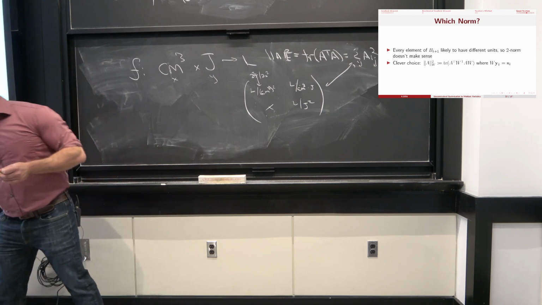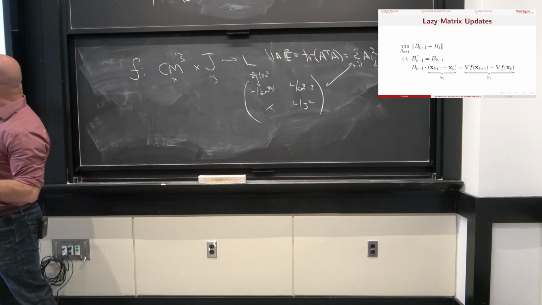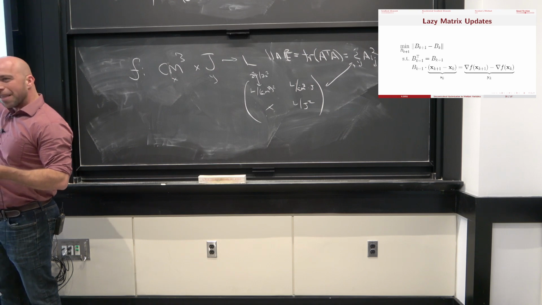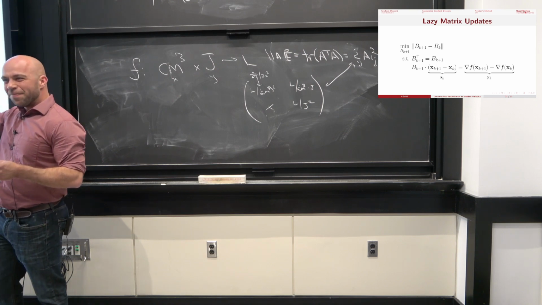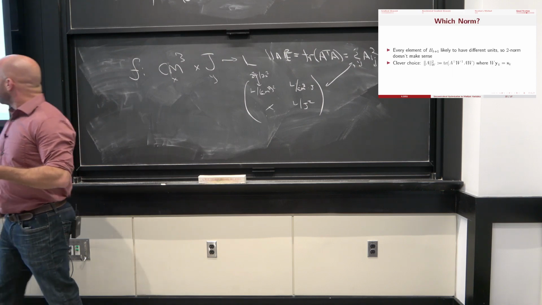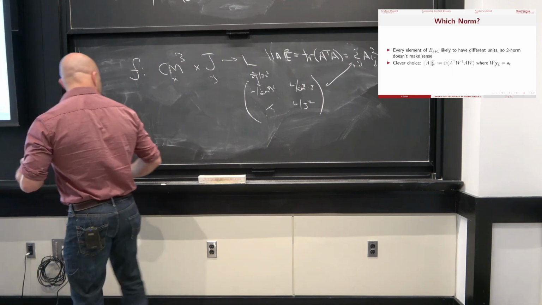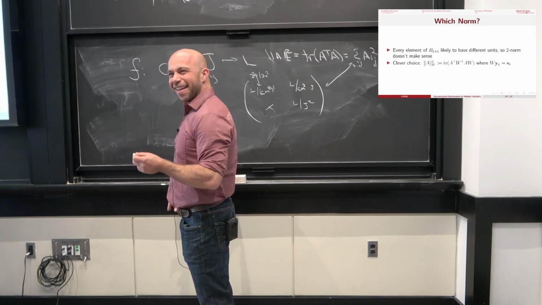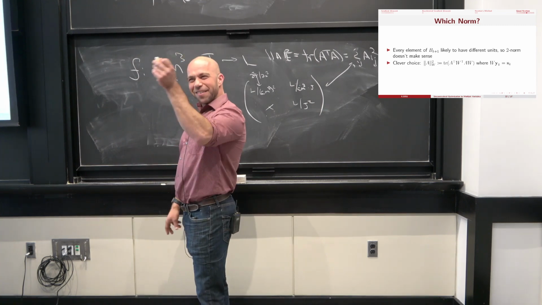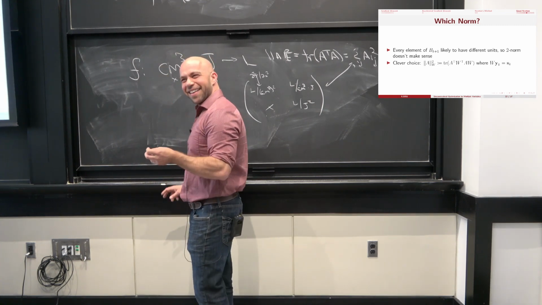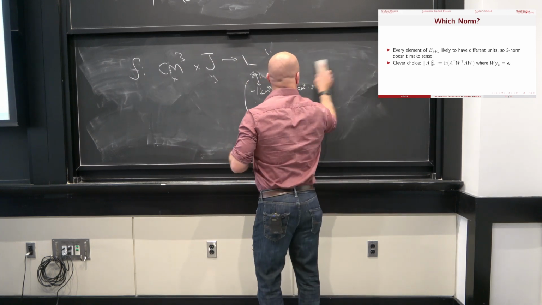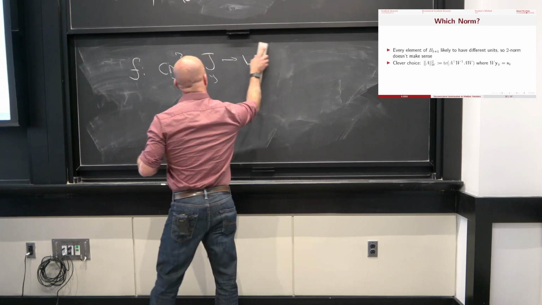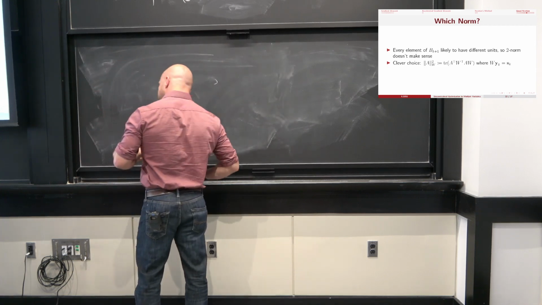So in particular, this is like W times something in the units of gradients equals something in the units of inputs. And one thing that you can convince yourself of is that if I do that, and I compute a very specific choice of norm, the units of every entry of this matrix are going to end up being the same. So we're going to make this really clever choice.